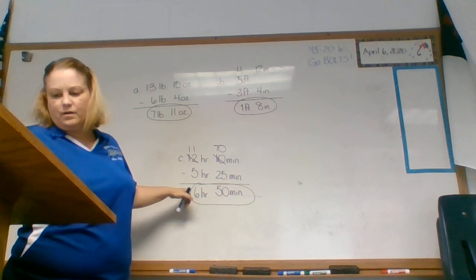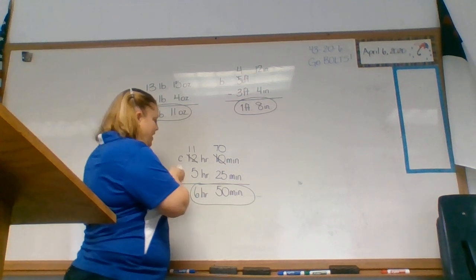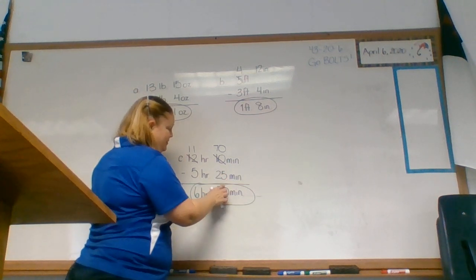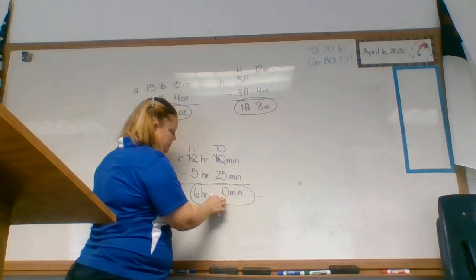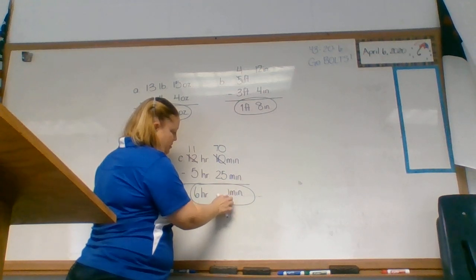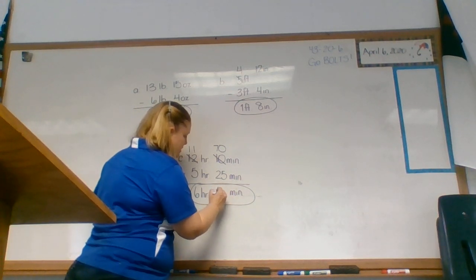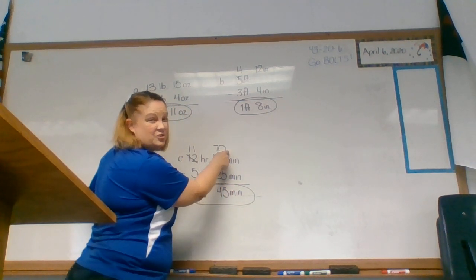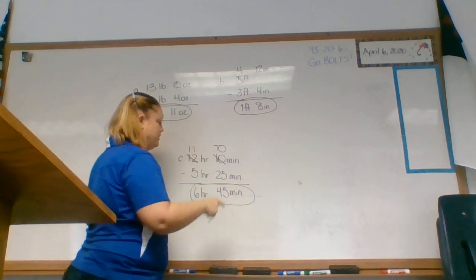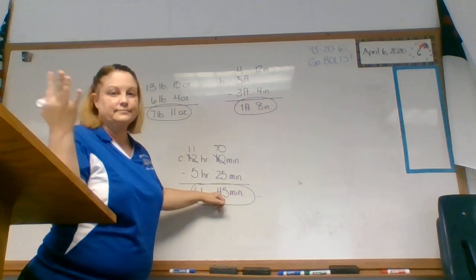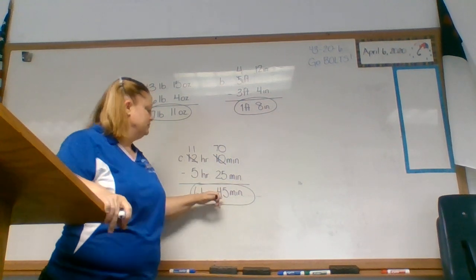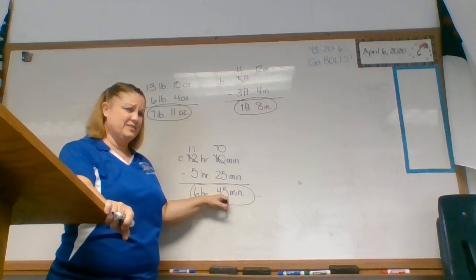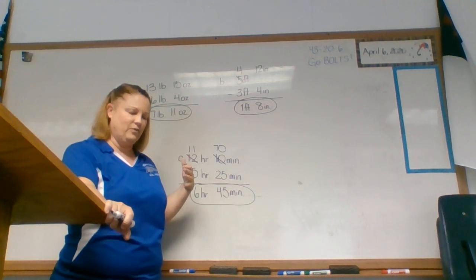I did something wrong. Oh, I was thinking 75 minus 25. That's 75. See, this is why you should always check your work. Because I was thinking 75 minus 25 is 50. I didn't look carefully at my own work. So sorry. You probably caught that. All right. We fixed it. Fix it on yours if I messed you up.